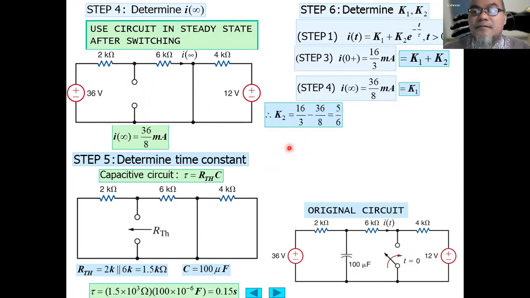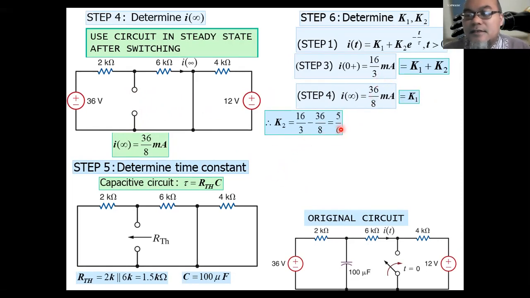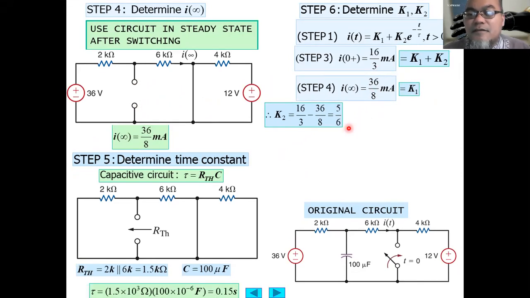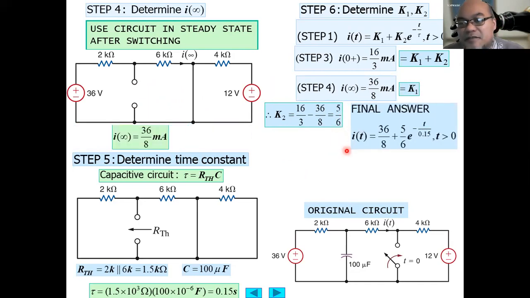This is K1. Then from here we can calculate K2 to be equal to 16/3 minus 36/8. We obtain K2 to be 5/6 milliampere. The unit will be milliampere also.